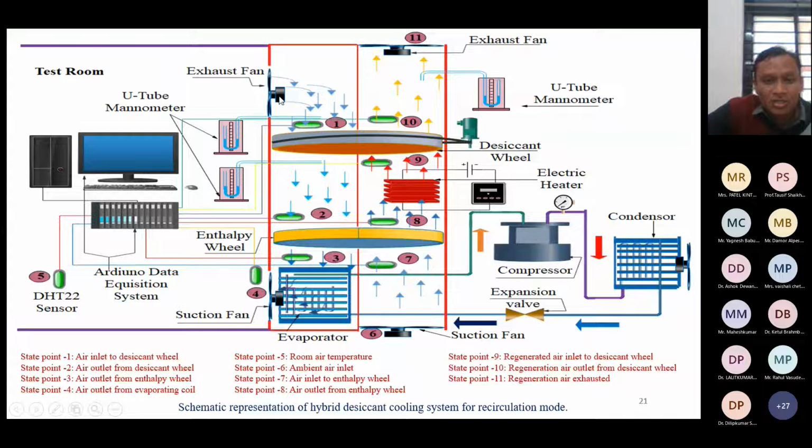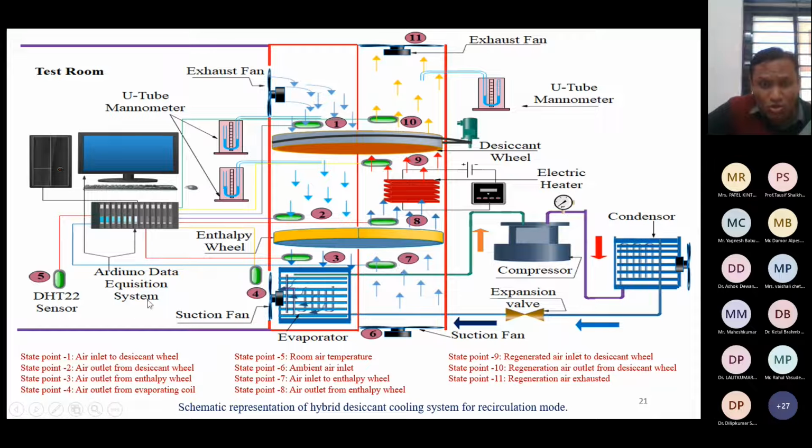These are the operating instruments used for measuring different values, humidity as well as temperature, in different sections. This section is divided into two parts: one is the dehumidification section, and another is the regeneration section.